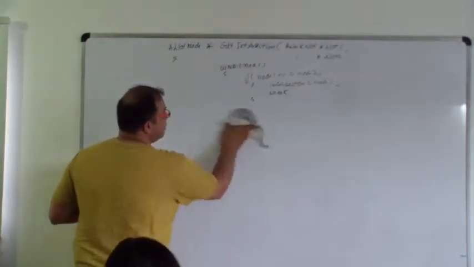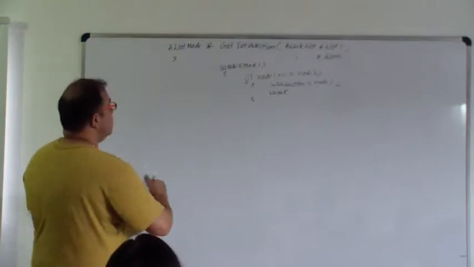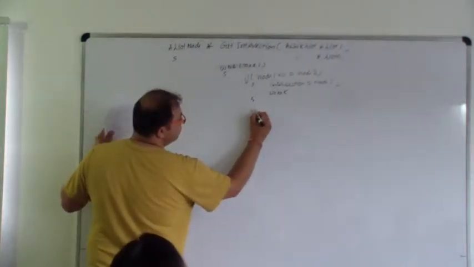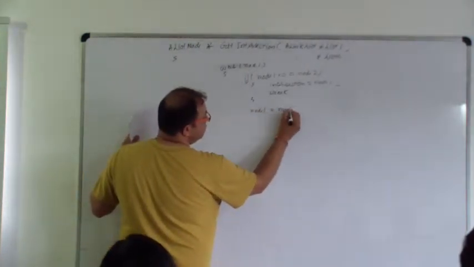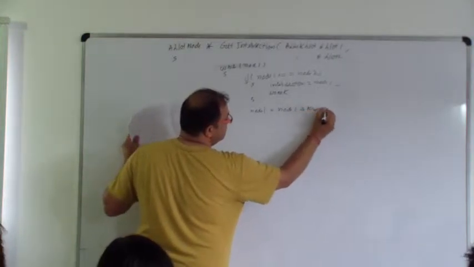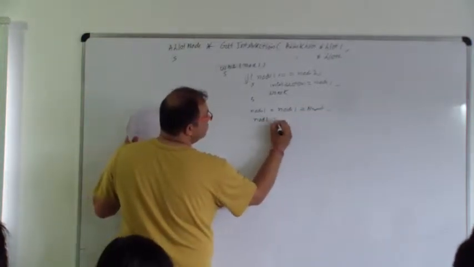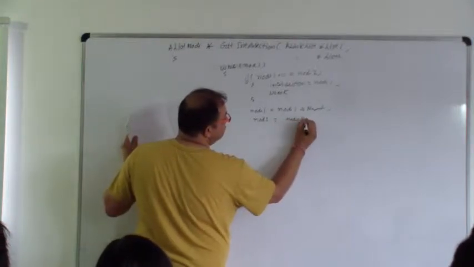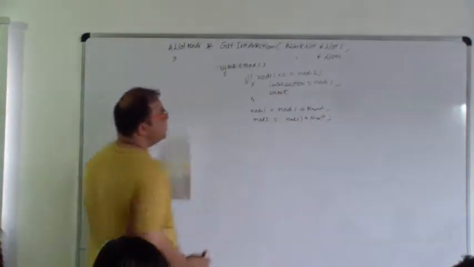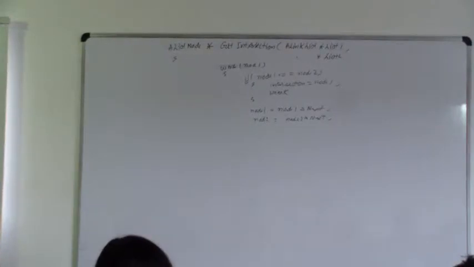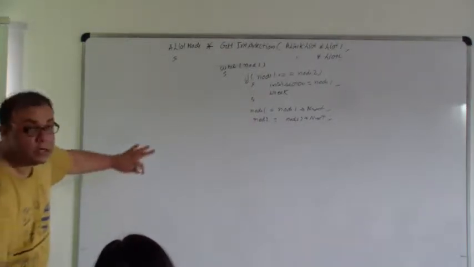Otherwise we will say node1 is equal to node1 arrow next, node2 is equal to node2 arrow next. Yes? Do you guys understand this? Can I move forward to the next question?